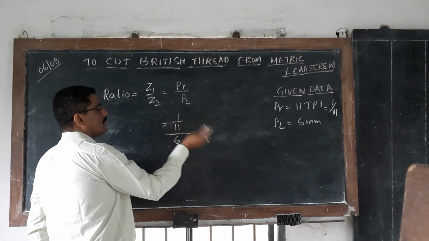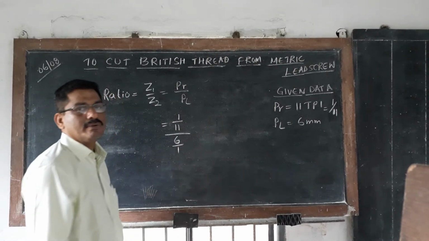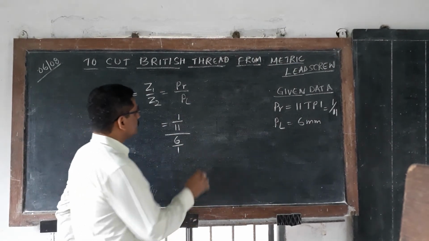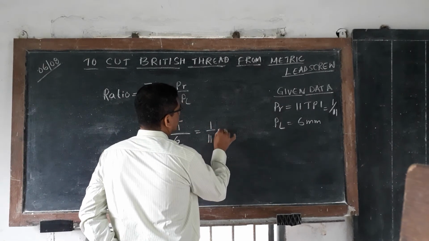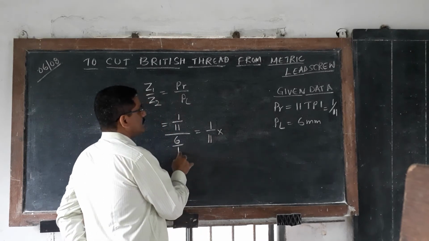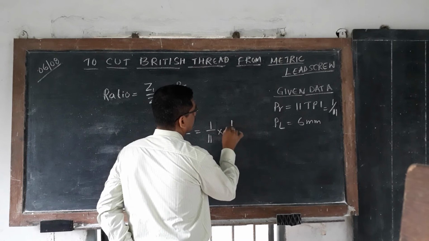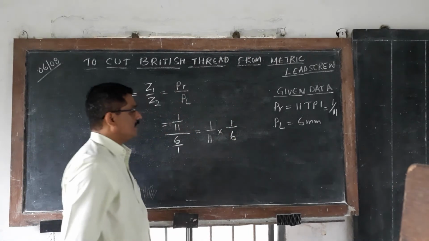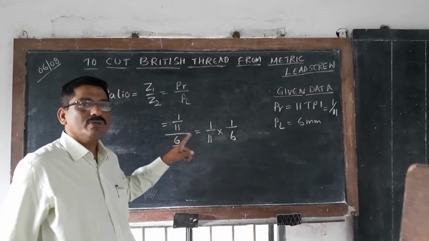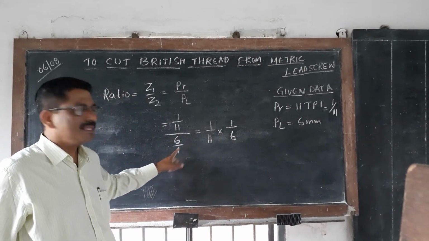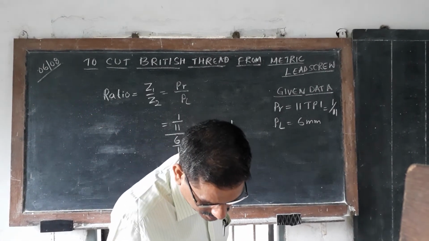If you have a doubt, just take it as 1, no problem. Now it is equal to 1 by 11 into, when you do the cross multiplication, this goes here as 1 by 6. Sometimes you will be confused, that's why I said take it as 1, otherwise it is 6 only. So it becomes 1 by 6.